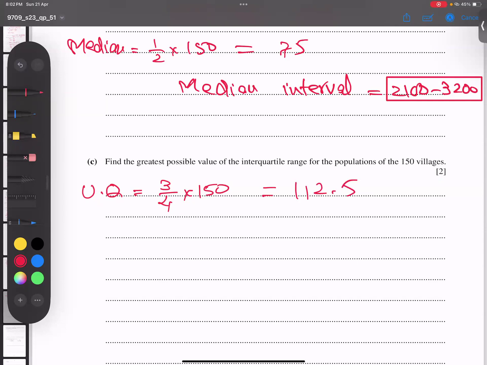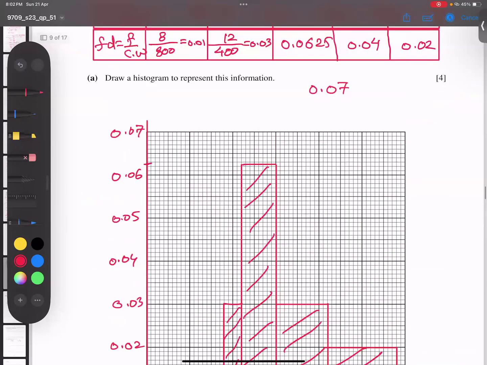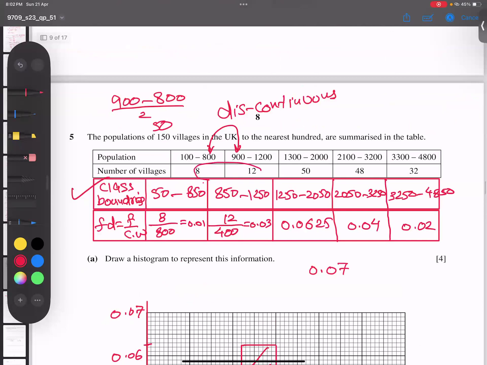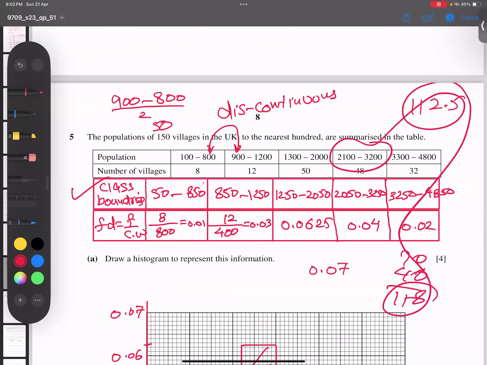So 112.5. I'm looking for 112.5. Make sure: 20, 70 plus 48, we got 118. It means 112 is coming in the same section.